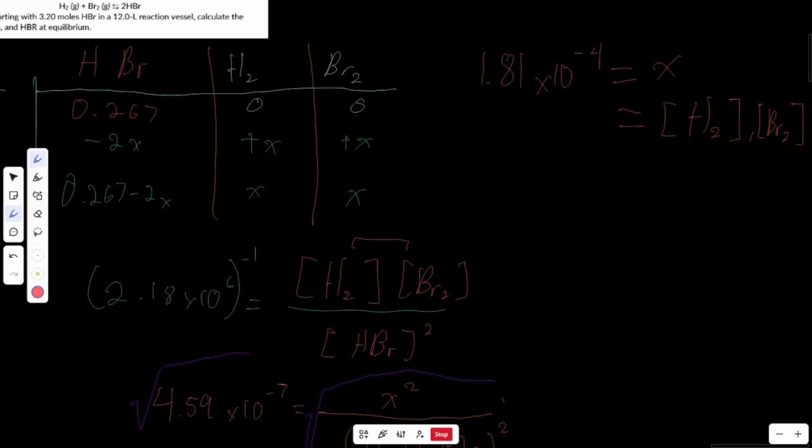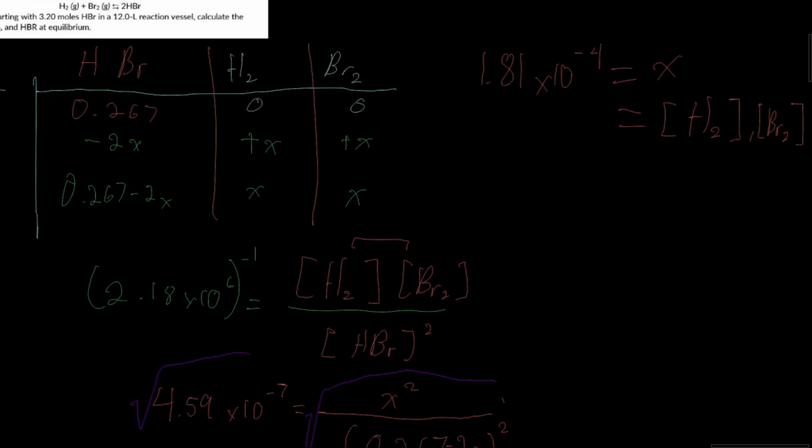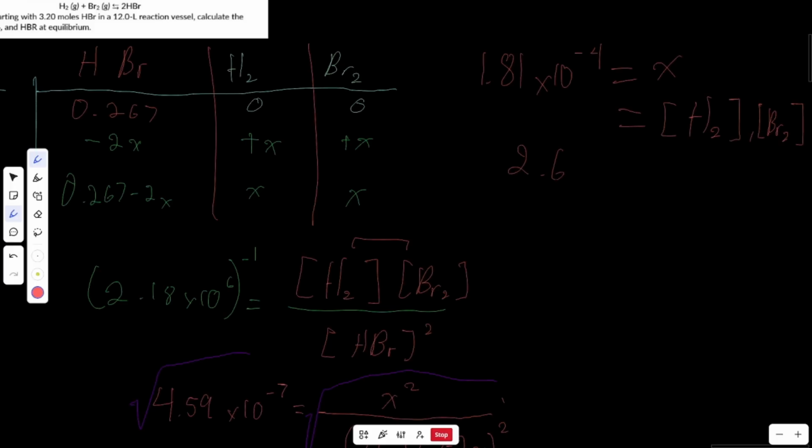So 0.267 minus 2 times 1.81 times 10 to the power of negative 4. That's going to give us an answer of 2.67 times 10 to the power of negative 1, which is equal to the concentration of HBr.